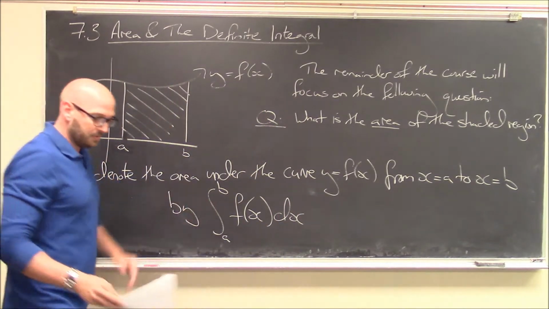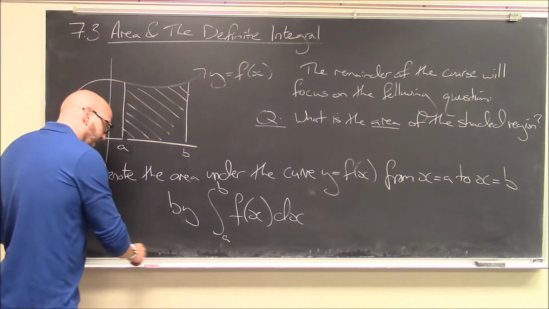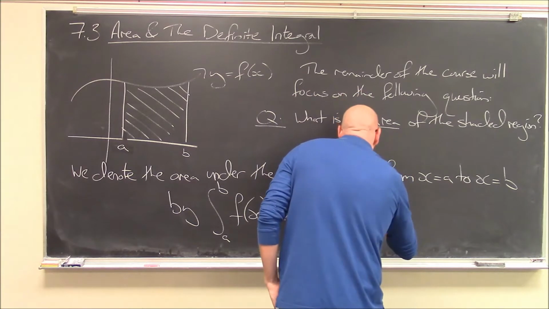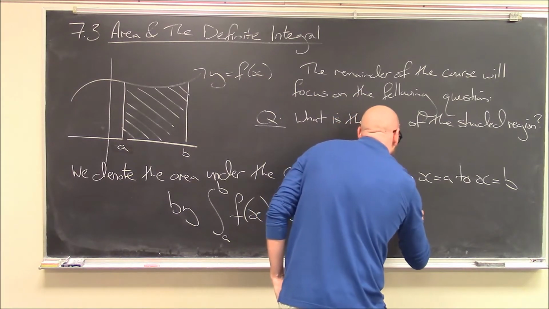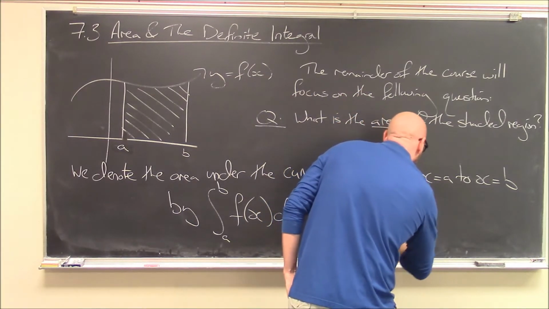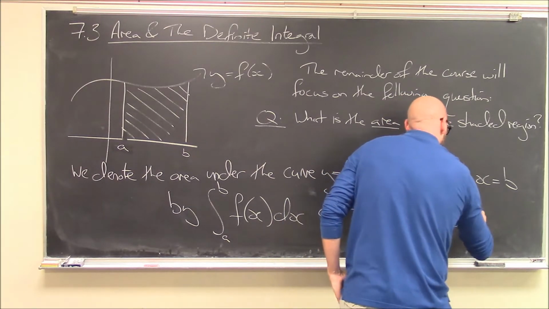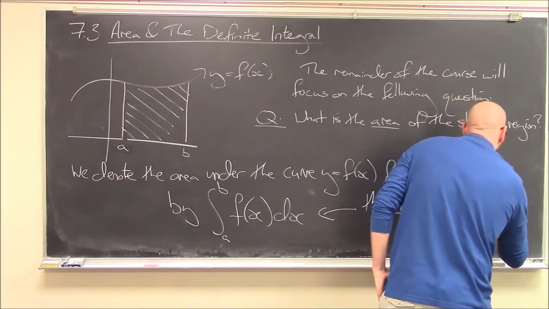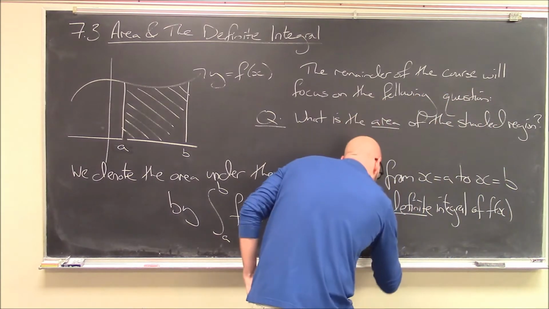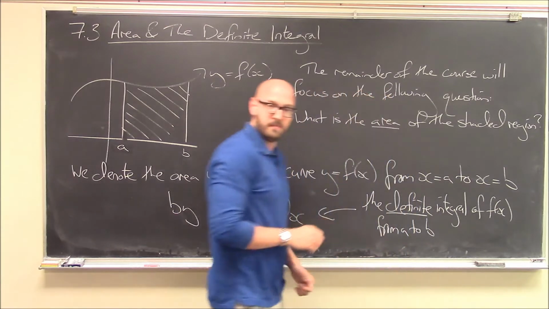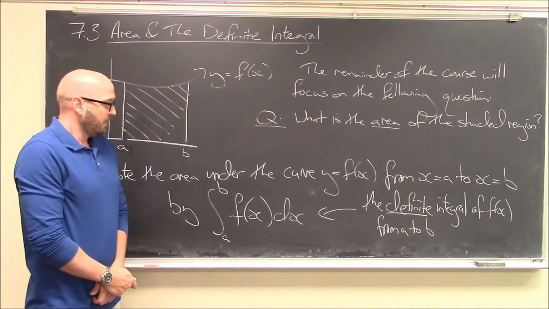So this symbol is called the definite integral. The definite integral of f of x from a to b. So what's the difference here?